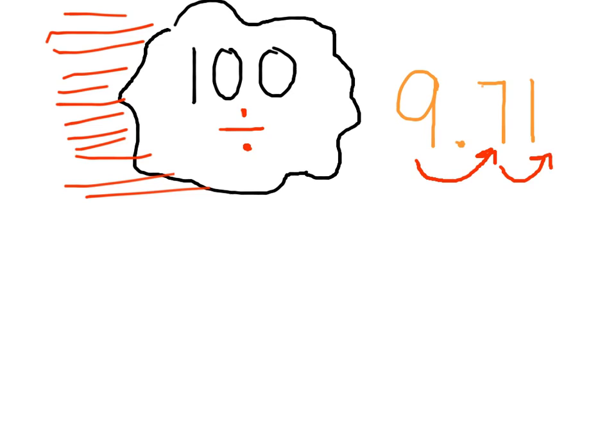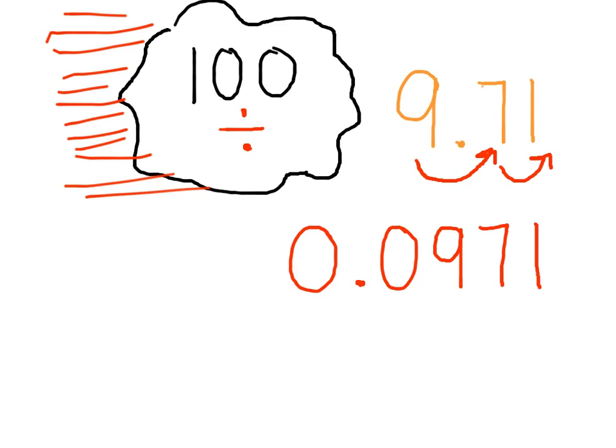So when we take a look at it, we will end up with 0. Okay. The 9 moves back 2 spots to the 100ths spot. The 7 moves from 7/10, becomes 7/100ths, and the 1 becomes 1,000th.